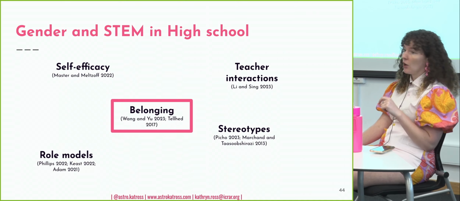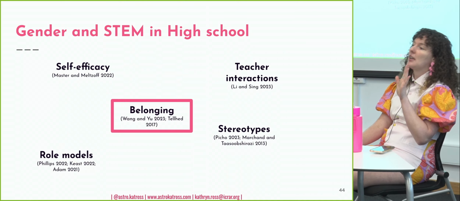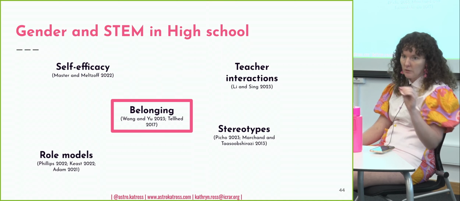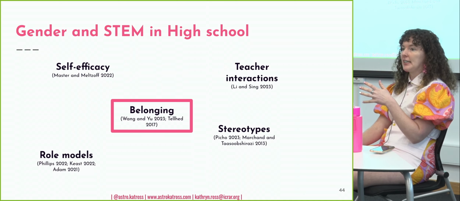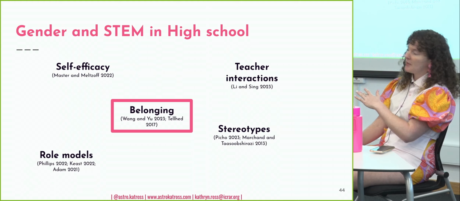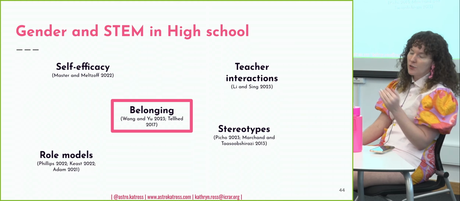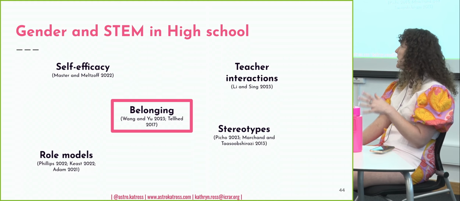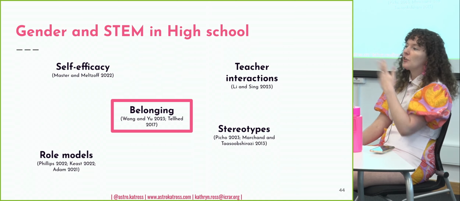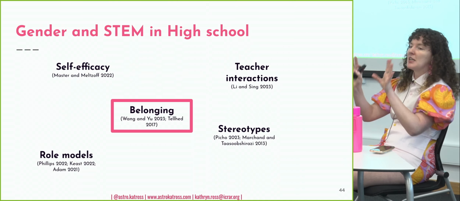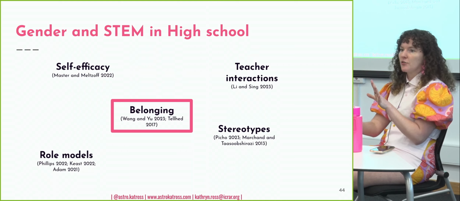And then lastly, belonging. This is really the up and coming term that we're seeing that incorporates all of these things. Realistically, this is a very complex problem that incorporates pretty much all of these. They're interacting. It's a very complicated thing. Belonging is the increasingly used term to describe the interaction of all of these things.